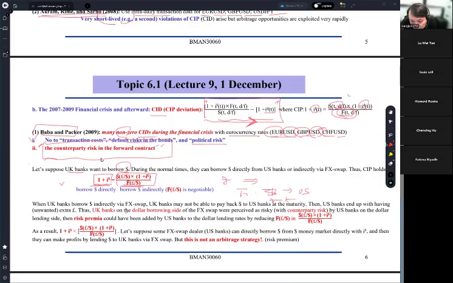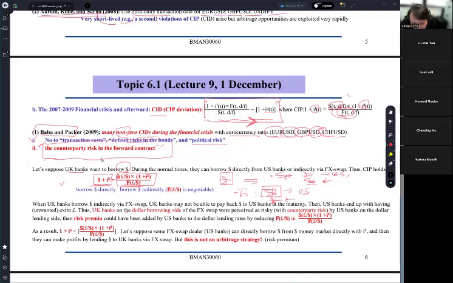So this is for the contract. In the spot contract, UK banks borrow pounds, give pounds to US institutions, and get dollars today. In the forward, they're going to reverse it. Reverse it means they're going to pay back dollars to US institutions, and they're going to get pounds at maturity.